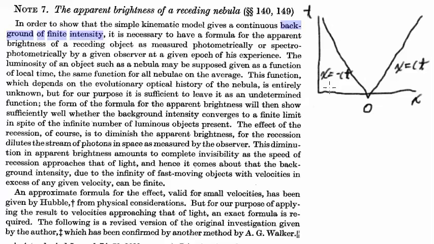Then we'll have a nebula surface. That is, we can pick out any region of distant gas, which in Milne's model is going less than the speed of light, x equals vt.